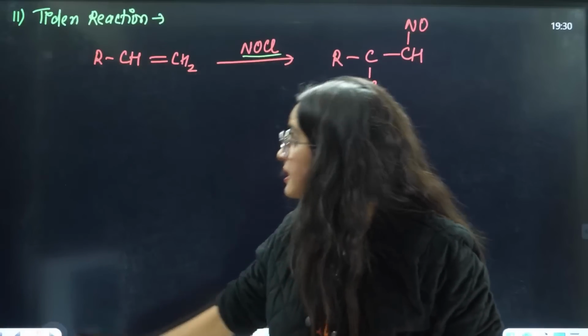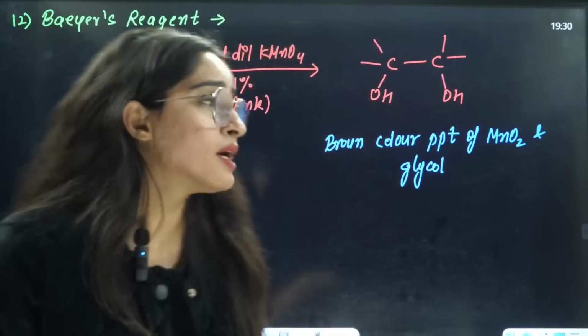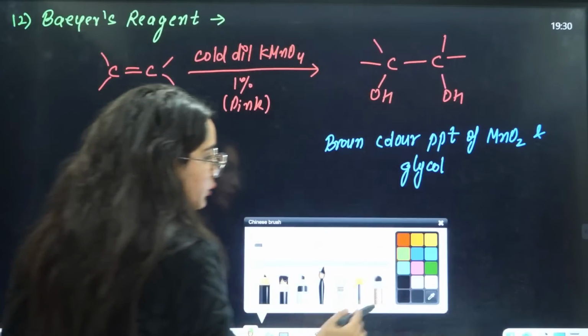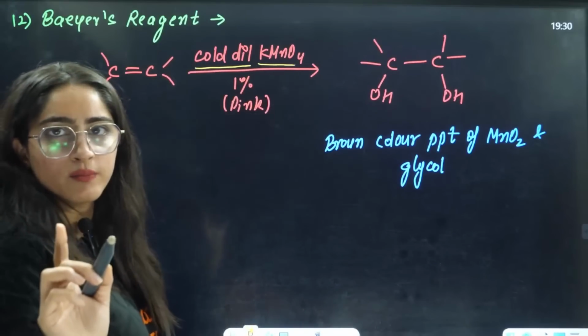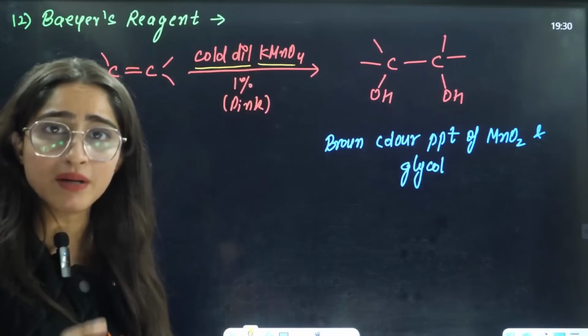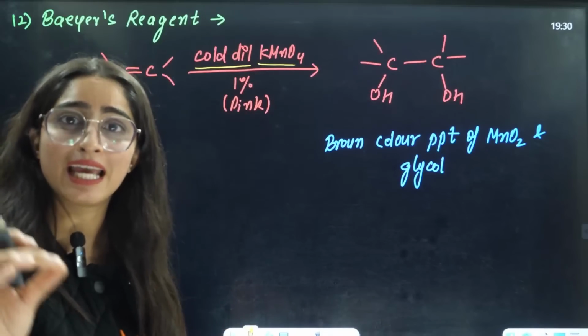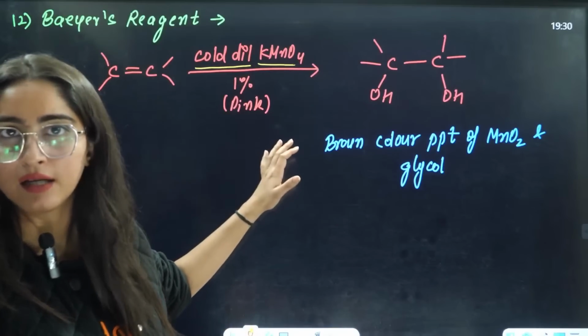Okay, yes. Next is Bayer's reagent, right? Very important question. In Bayer's reagent, you use cold dilute KMnO4, which is 1%. Diluted means only 1% cold dilute KMnO4 you will use. Potassium permanganate is pink in color, right?